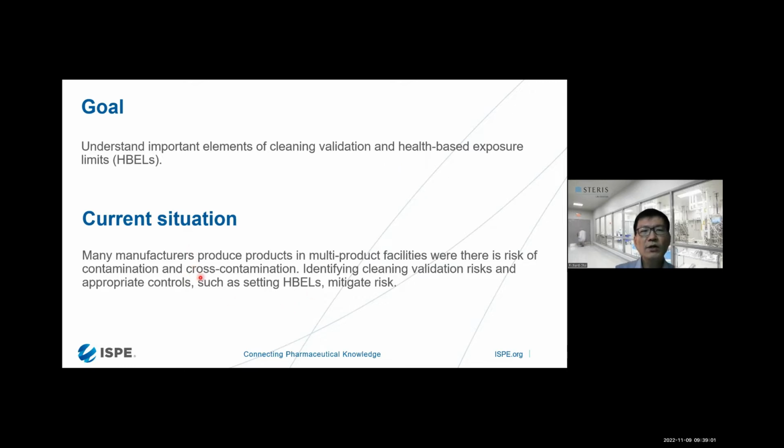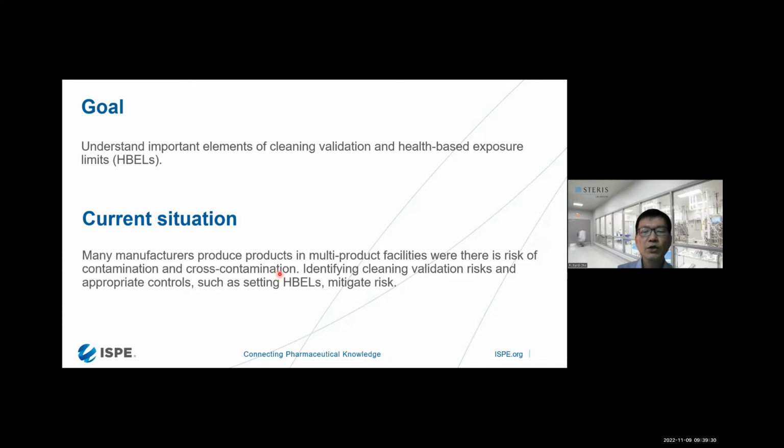So the current situation is that many manufacturers produce products in multi-product facilities where there is a risk of contamination and cross-contamination. This is especially so for those generic drug manufacturers or the contract manufacturers, where there can be many products made using the same equipment in the same facilities.